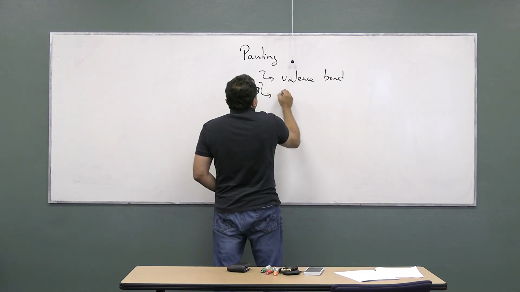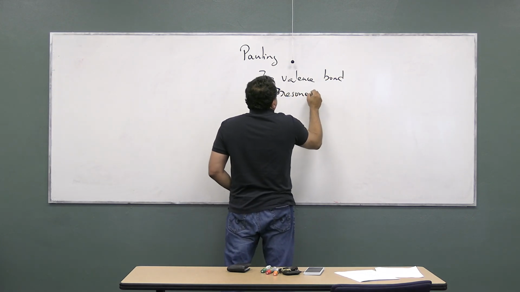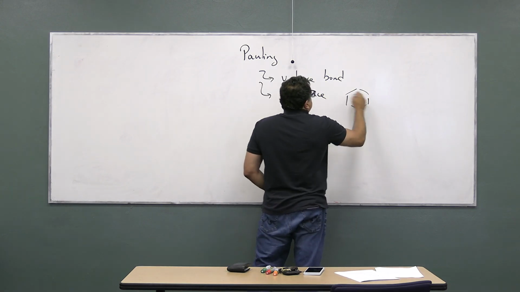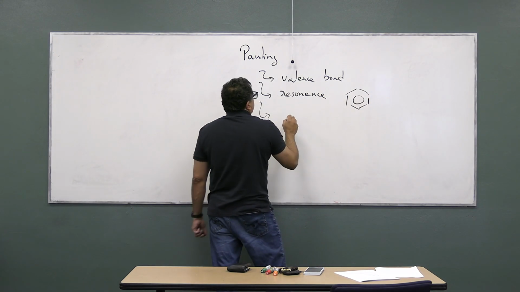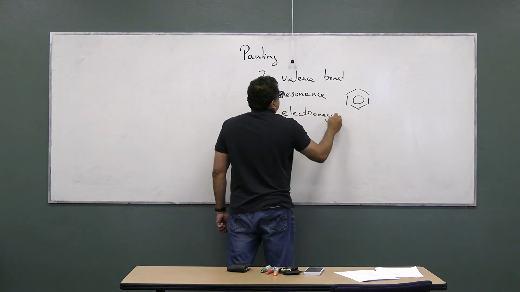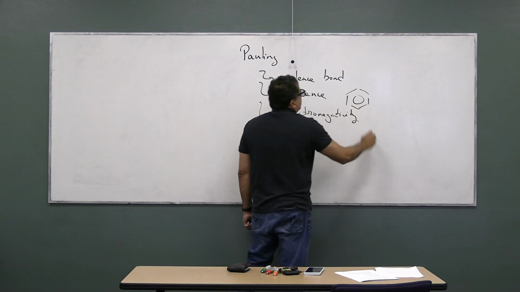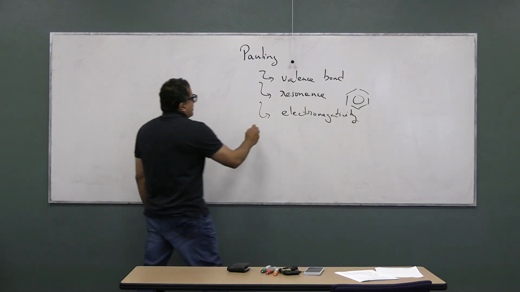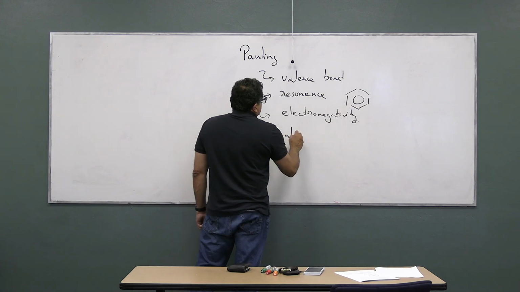We use resonance, right? And we've already looked at resonance in the structure of benzene. All of this came from Pauling. And we look at, what else? We look at electronegativity. Pauling defined electronegativity. Well, Pauling also in the 1920s came up with rules for crystal structures.